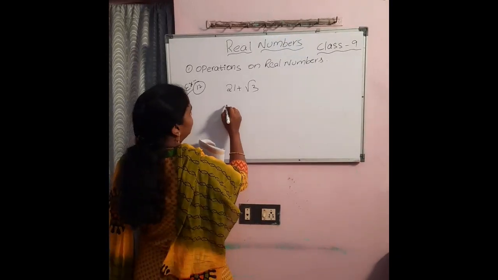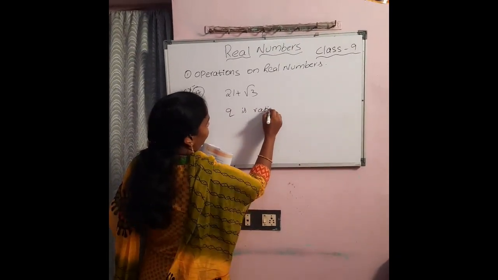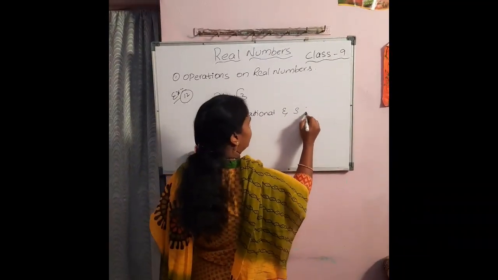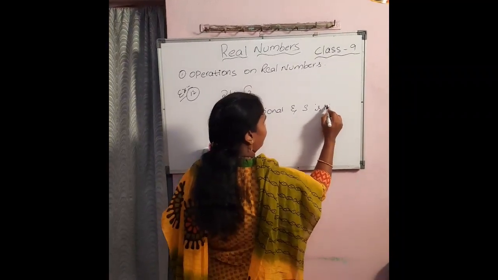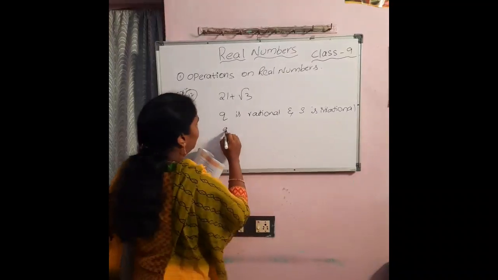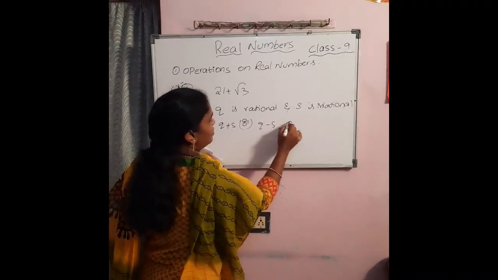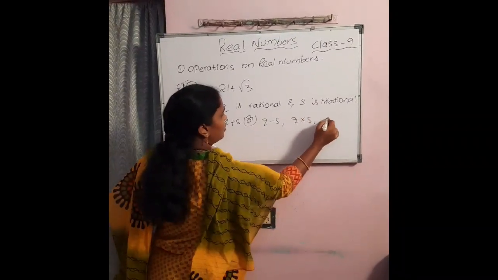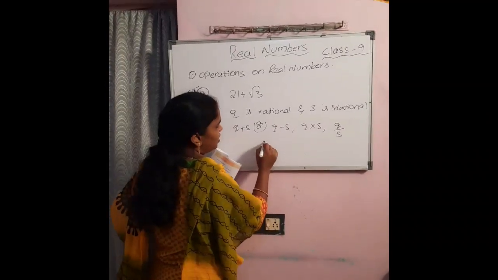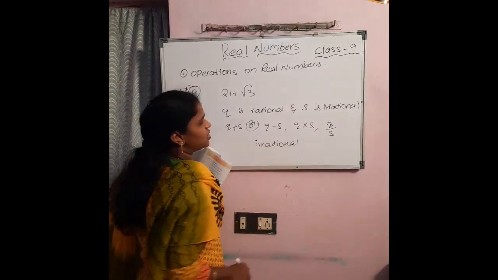If Q is rational and S is irrational, then Q plus S, or Q minus S, Q into S, or Q divided by S, all these results come as irrational numbers.